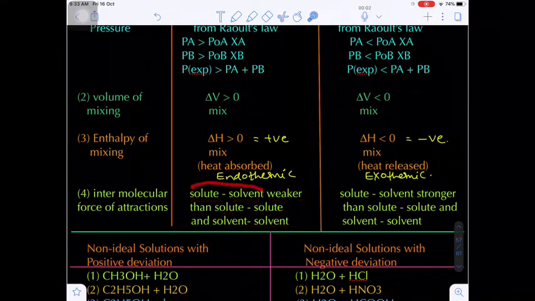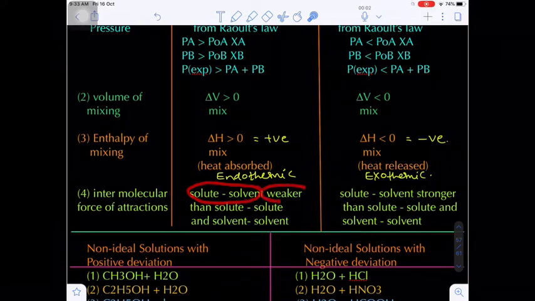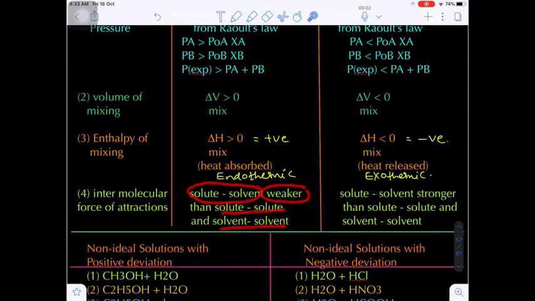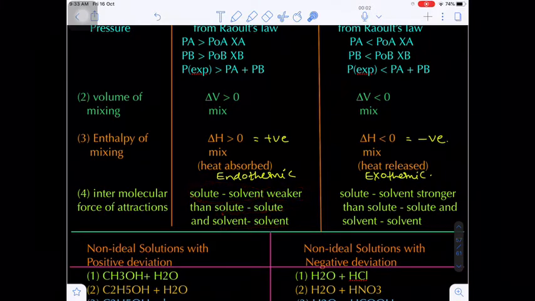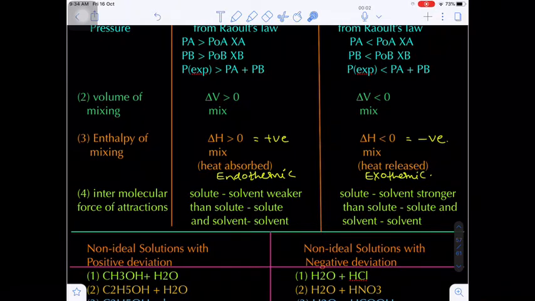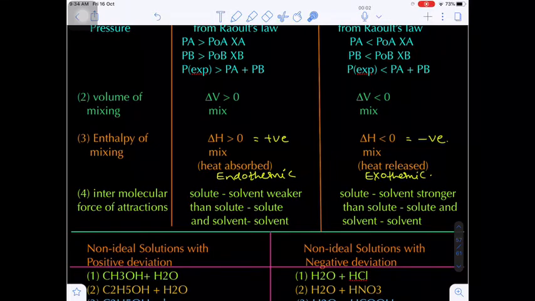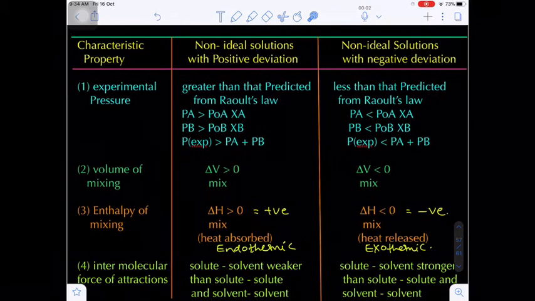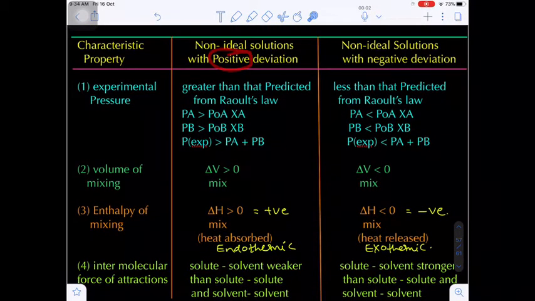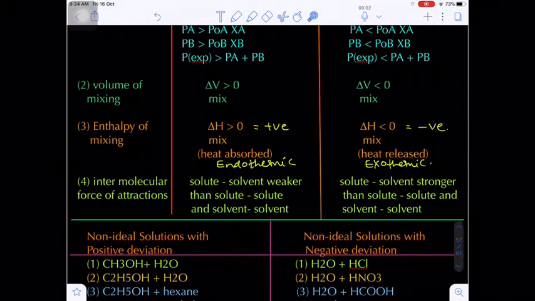That means here the solute-solvent intermolecular forces of attraction become what? Weak as compared to pure solute and pure solvent. When the solute-solvent intermolecular forces of attraction are very weak, then the molecules try to escape into the vapor phase, thereby increasing the vapor pressure. That's why this is called positive deviation. Are you getting my point?